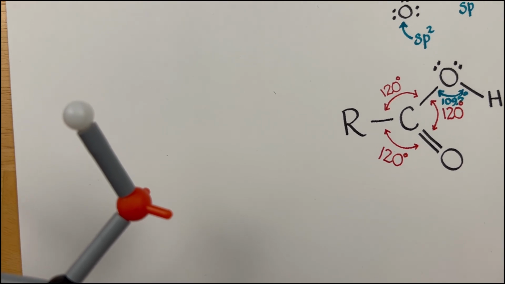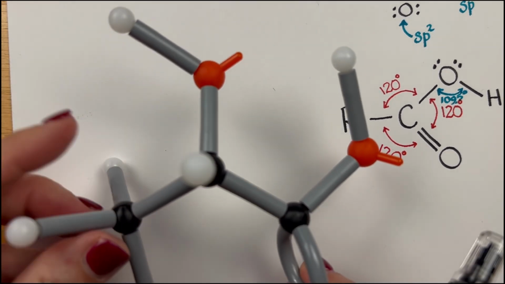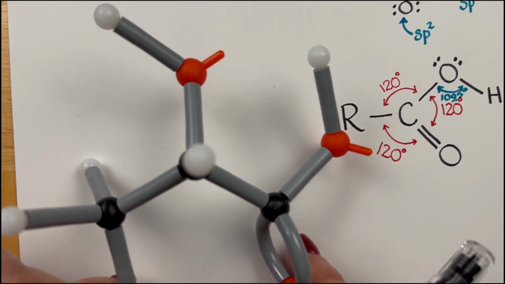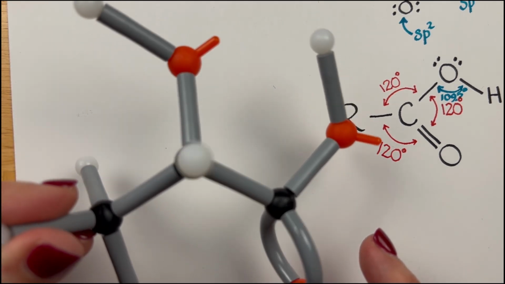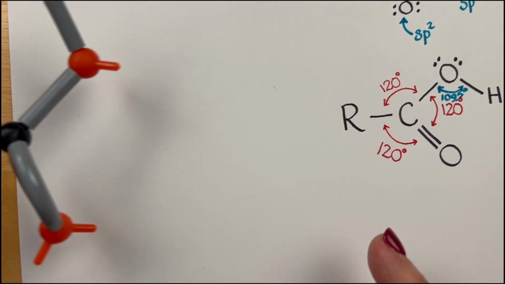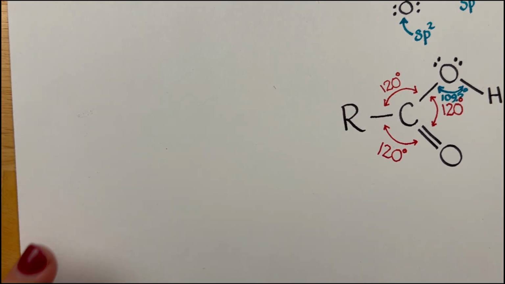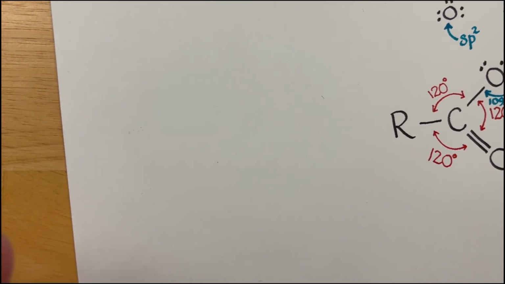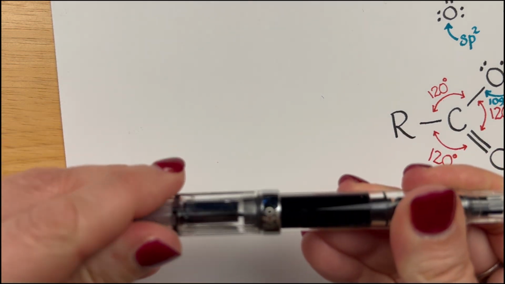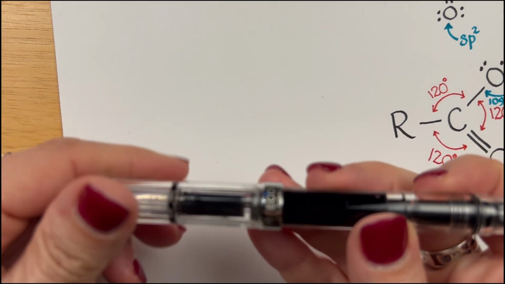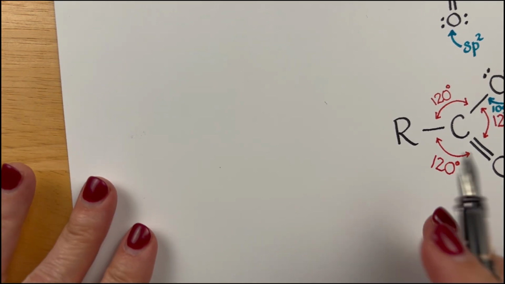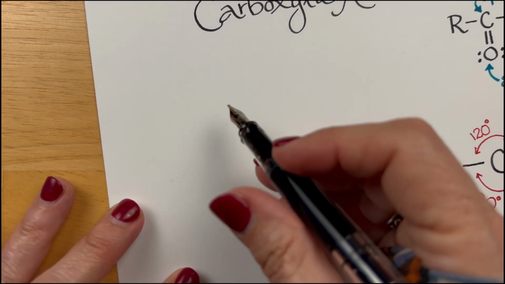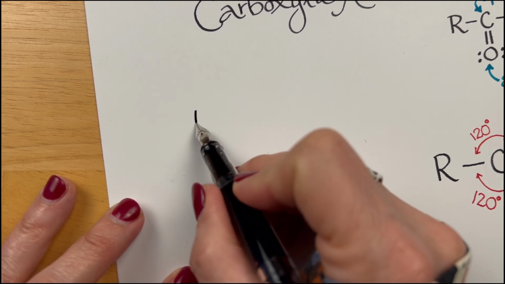And one of them is what I made here for you. So let's draw it out first, and then we can talk about how this model is showing us the structure. And this particular carboxylic acid is lactic acid.